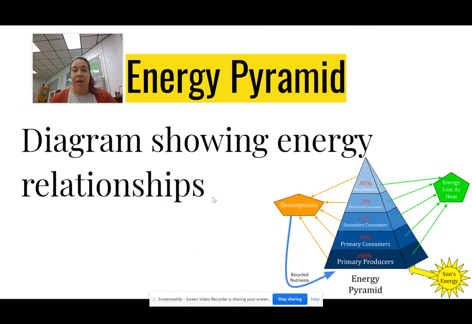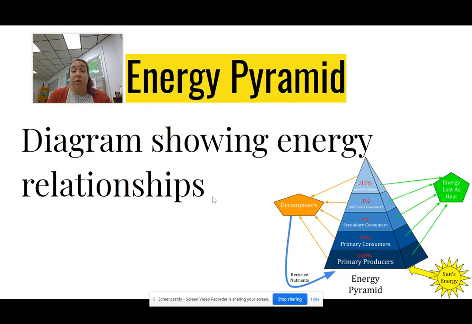All right, our next thing that we're going to discuss is the energy pyramid. If you watch some of your Symbaloo videos, as we did, we went through this a little bit. Essentially, it just shows the relationship in energy transfer in a food chain. So our producers are always at the bottom, and they get 100% of their energy from the sun. Then as it goes up, the energy transfer actually is less and less.